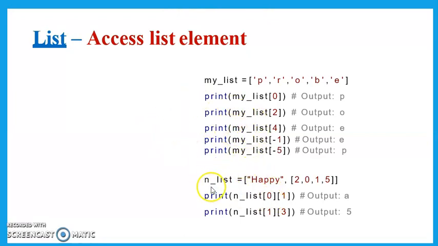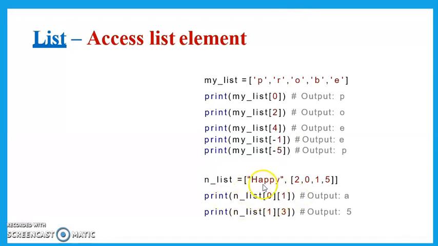Consider another list. The name of the list is n_list, which consists of two values, "Happy" and another nested list. The values of this nested list are 2, 0, 1, 5. How to display the character A? We have to use the two-dimensional indices method.